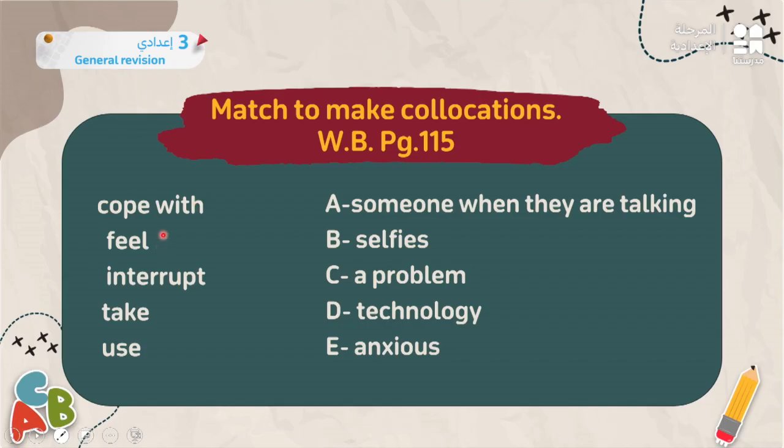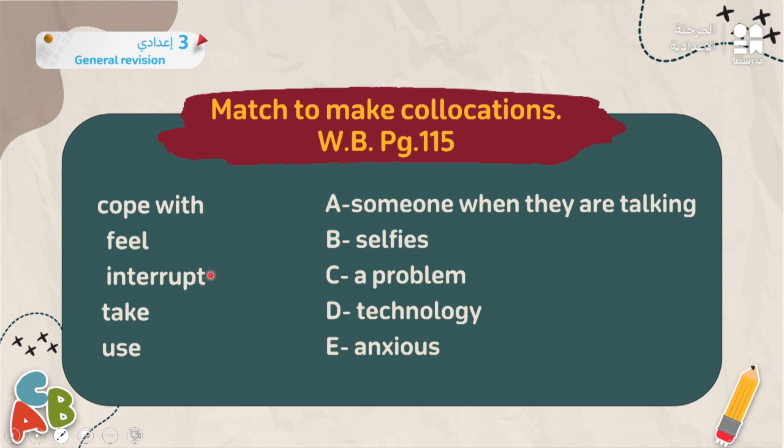طيب ايه هي الاختيارات اللي عندي؟ I have cope with, I have feel, interrupt, take and use. Cope with يعني أتعامل مع و cope is a verb that takes with يعني بيجي بعد cope with preposition with. Feel أشعر.